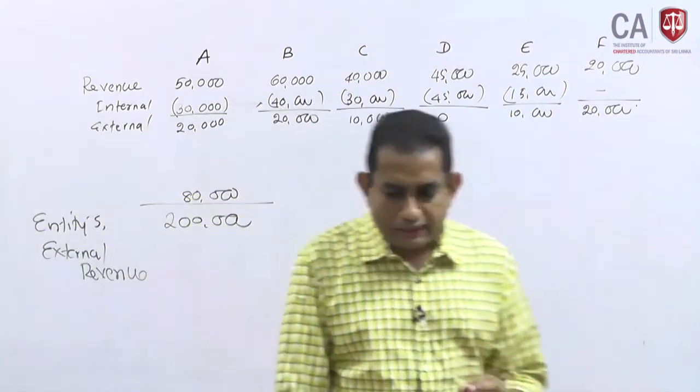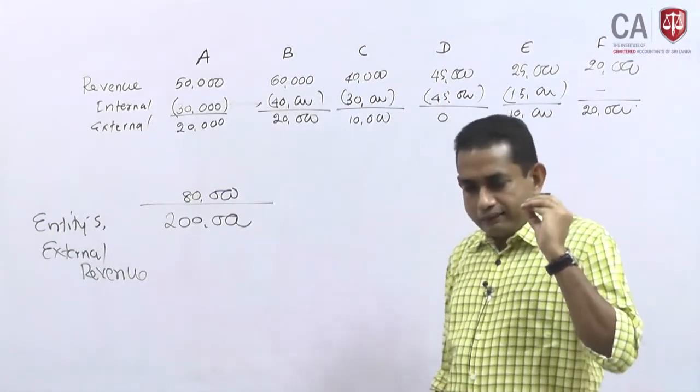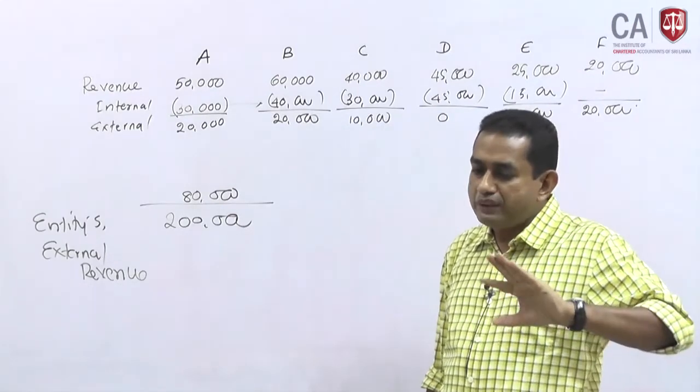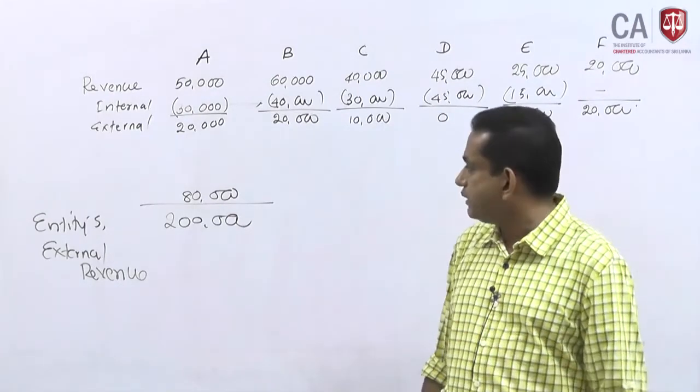So, what does the standard say? At least 75% of the entity's external revenue must be included in reportable segments.